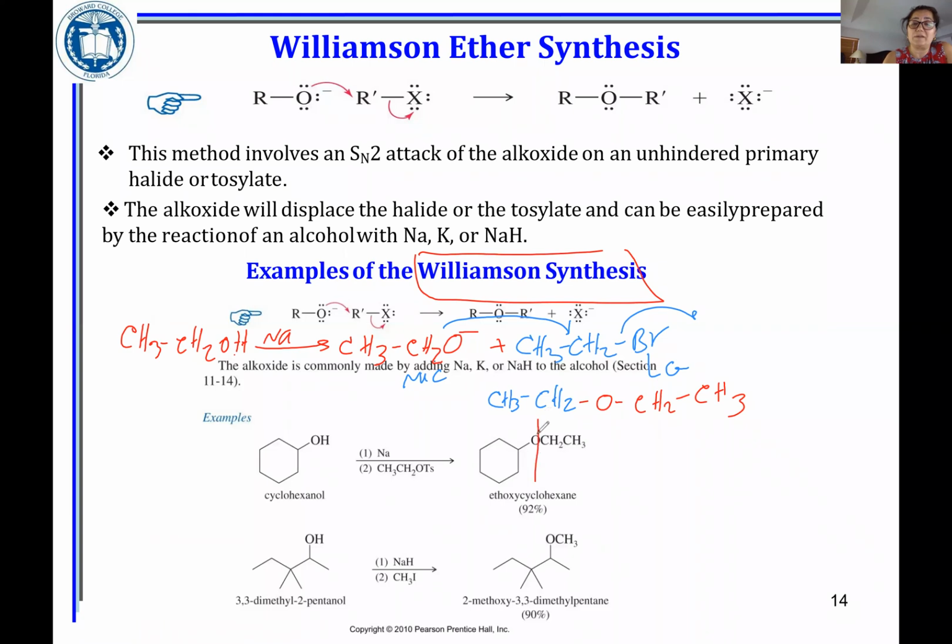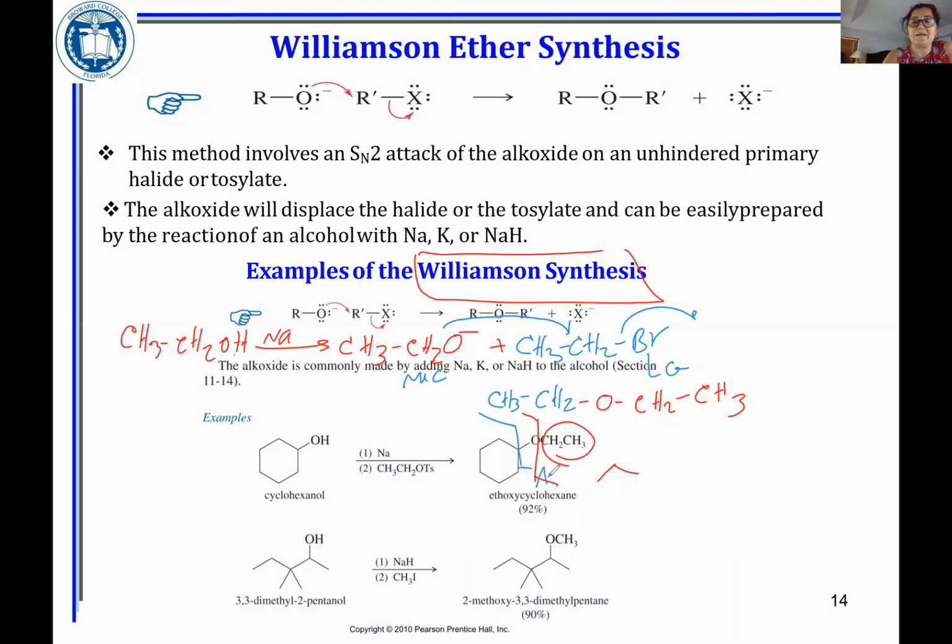So we can cut the molecule in half this way. This side of the molecule comes from the alcohol. This side should come from the alkyl halide. I hope that you can follow this. The other choice would be if you cut on this side.